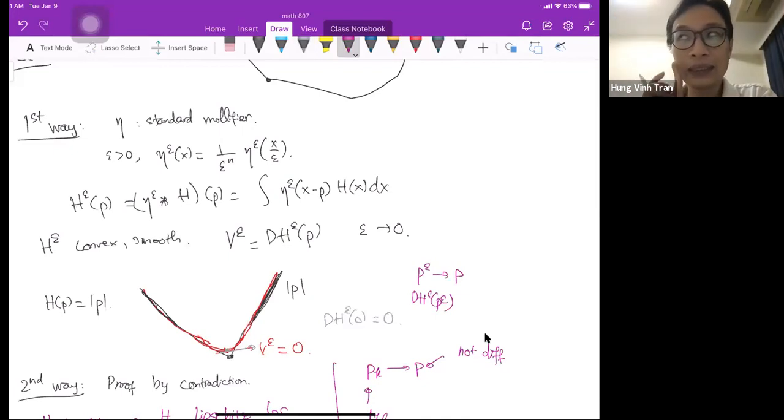I think I did this a long time ago, so I'm not very sure, but I think if you do it this way, you would be able to form the whole subgradient set, although I got to be careful.